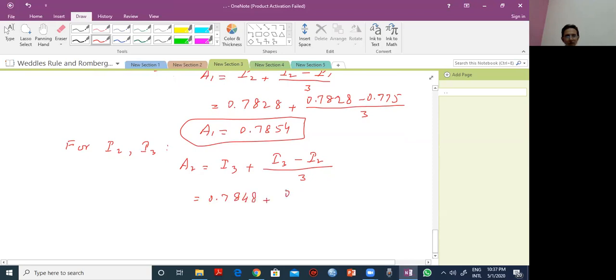So plus 0.7848 minus 0.7828. If we divide with the help of the calculator, the new integral value is 0.78546. We call it A2.